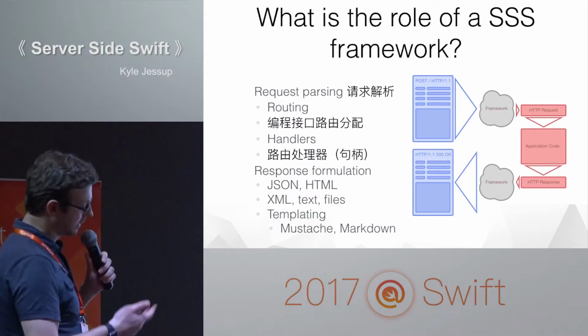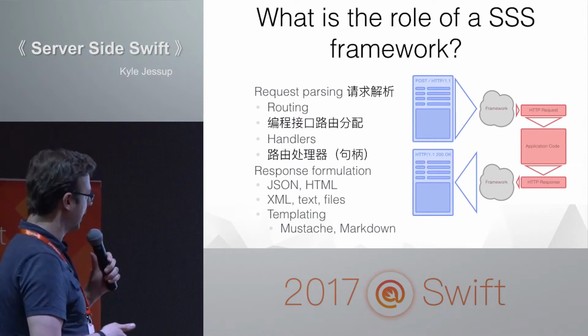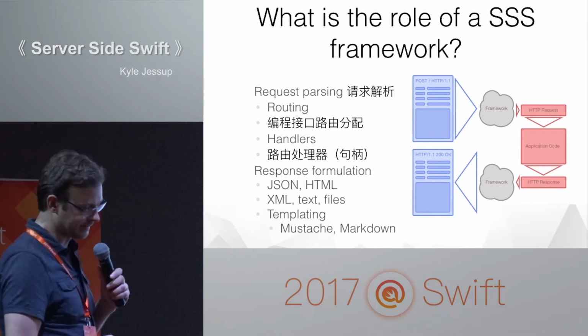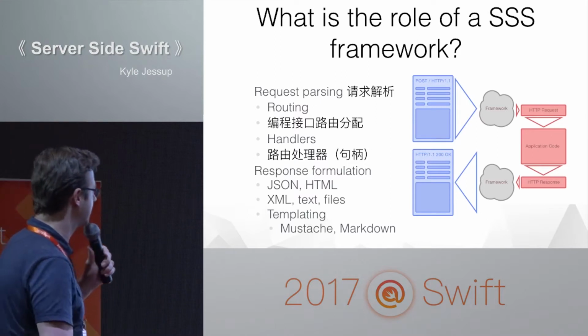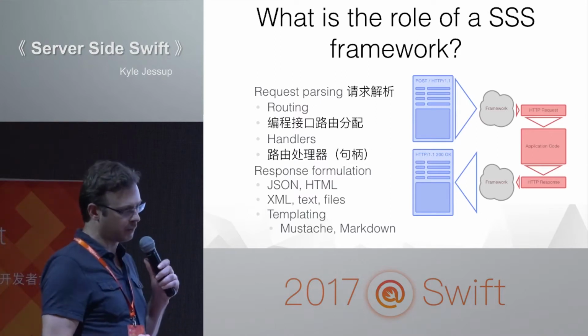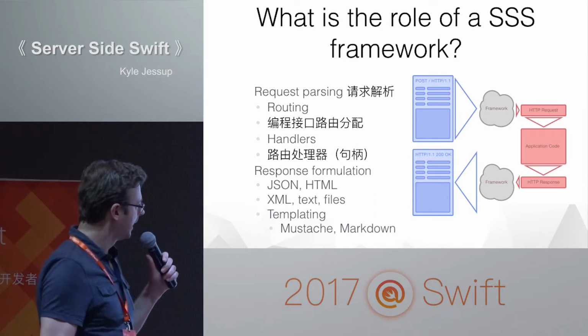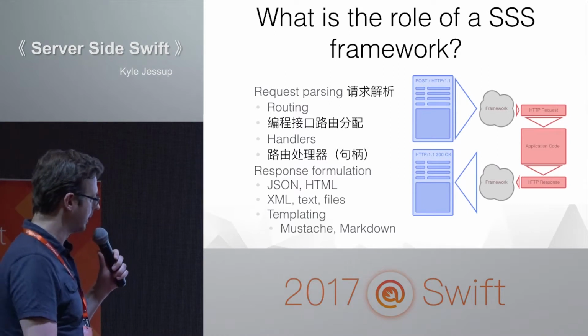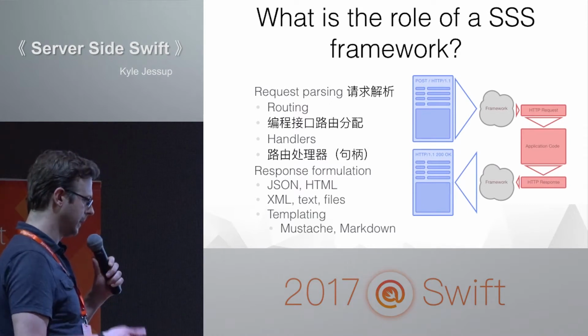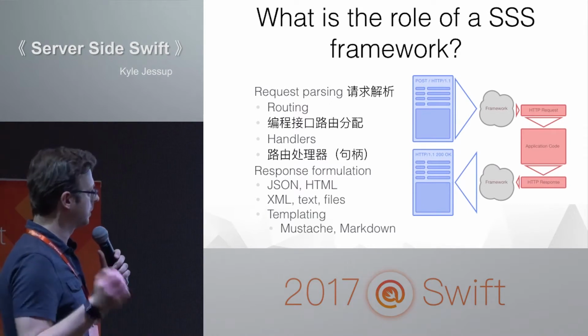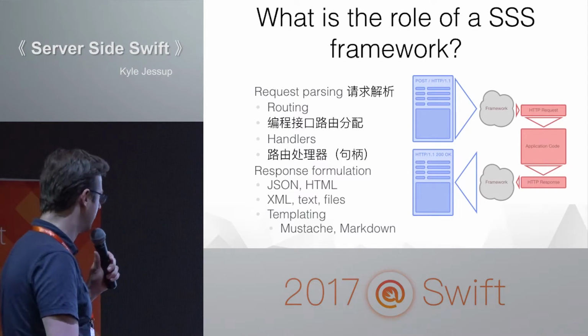So what you'll see is a lot of facilities provided for parsing and creating JSON responses, encoding for HTML entities, parsing XML, and a lot of templating. That's taking a template, filling in the blanks for a custom response for the user.